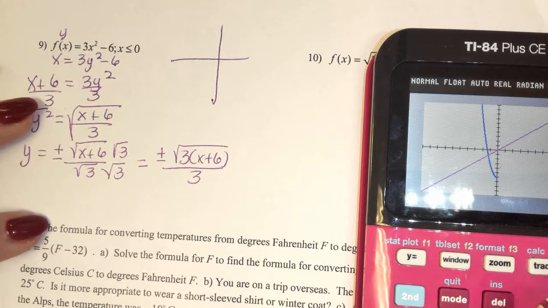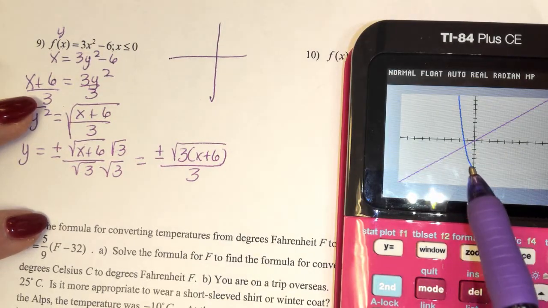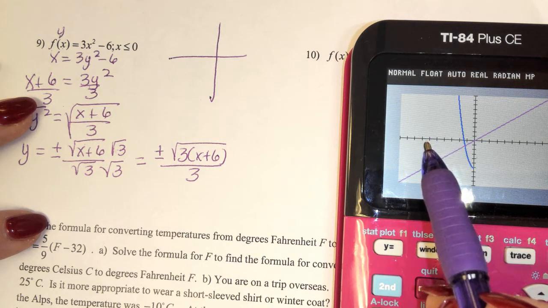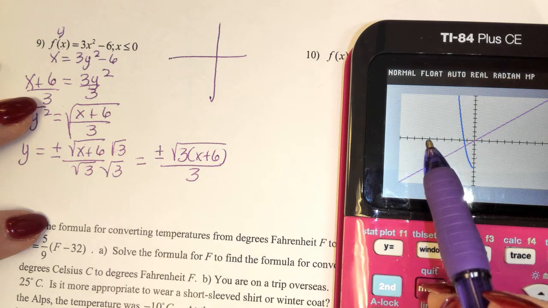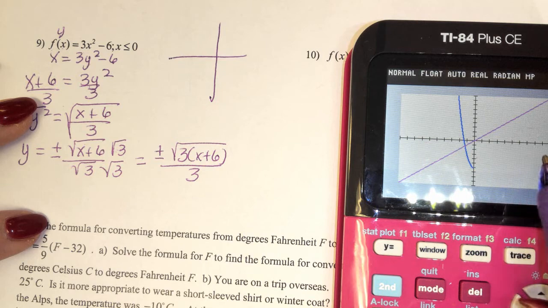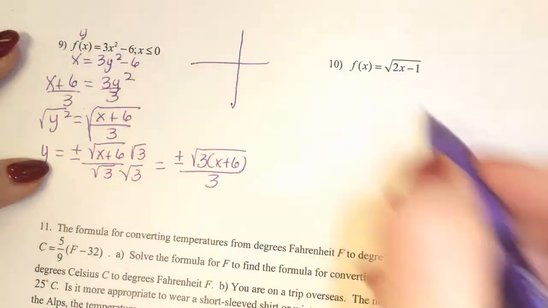Now, thinking back to this though, look at this point right here. This point is 0, negative 6. So I know I'm going to have the point negative 6, 0. To be a reflection, am I going to want the top part or the bottom part? Or you can look at this.